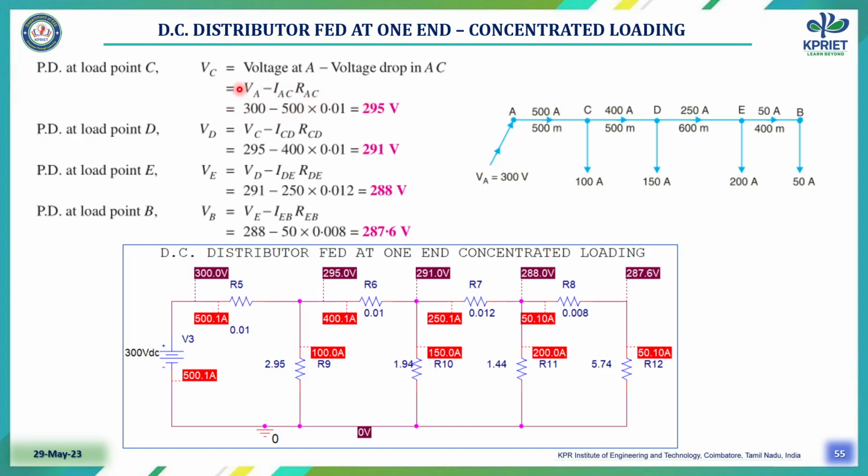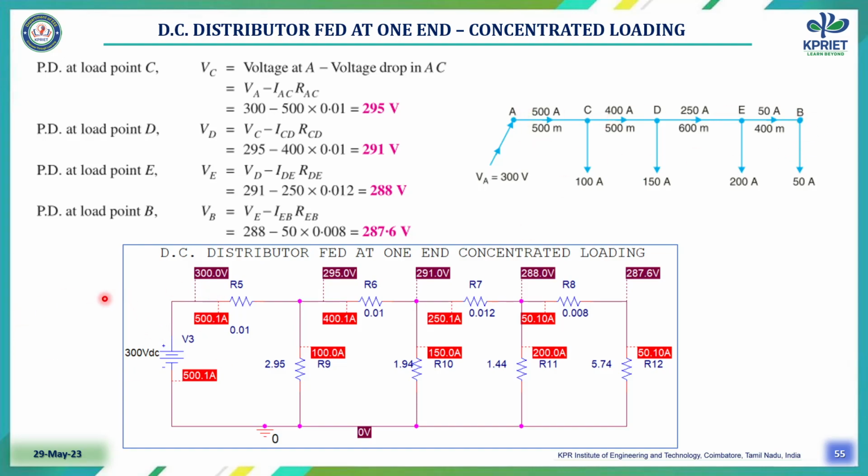Similarly for the potential at point D, we get the value of VC minus the drop in CD. So VD equals VC minus ICD into RCD, giving the potential at load point D. Similarly, for points E and B, we get the voltages 295, 291, 288 and 287.6 respectively.